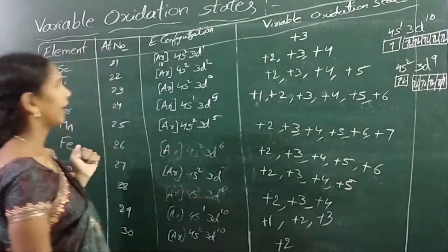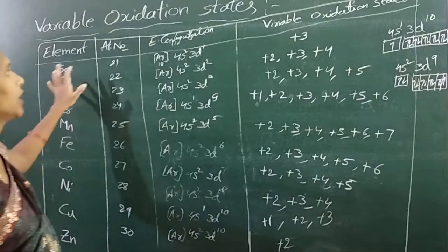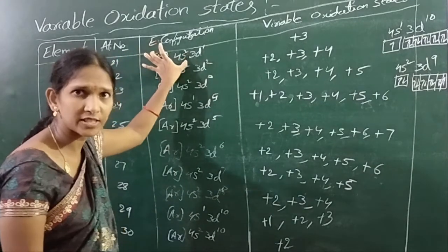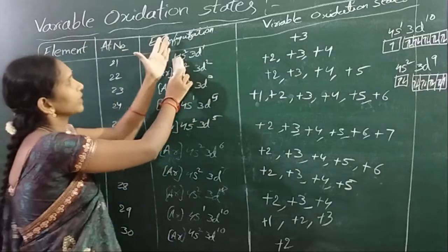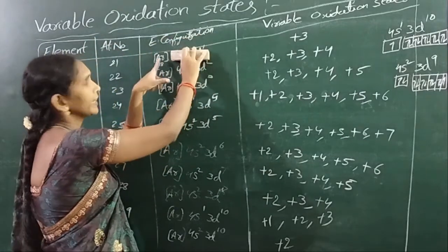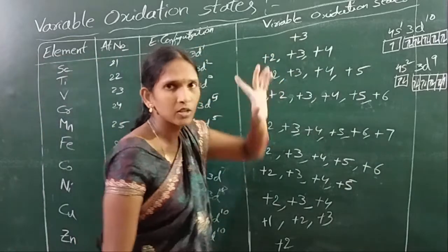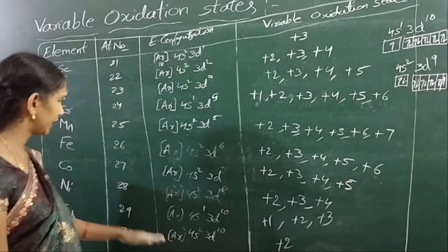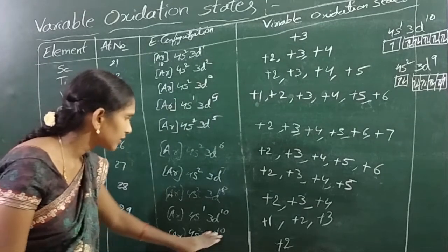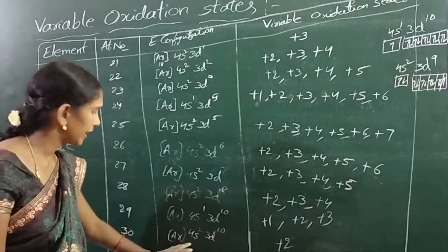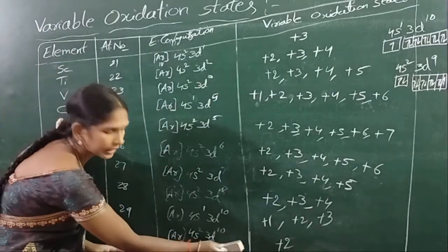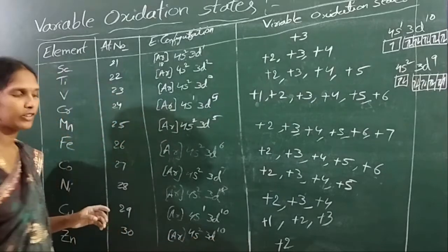Because in the first case, if it loses these 3 electrons, then it gains argon configuration. It is more stable. So +3 is possible only. Here, if it loses 2 electrons, then it has completely filled D and argon configuration.